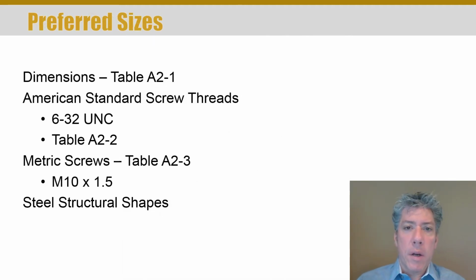When you're designing, there are preferred sizes. Let's say that I ask you to calculate the required diameter for a bolt, and you come up with 0.2405 inches. Well, I would expect you to use a 1/4 inch bolt, which is 0.25 inches in diameter. So there are preferred sizes.